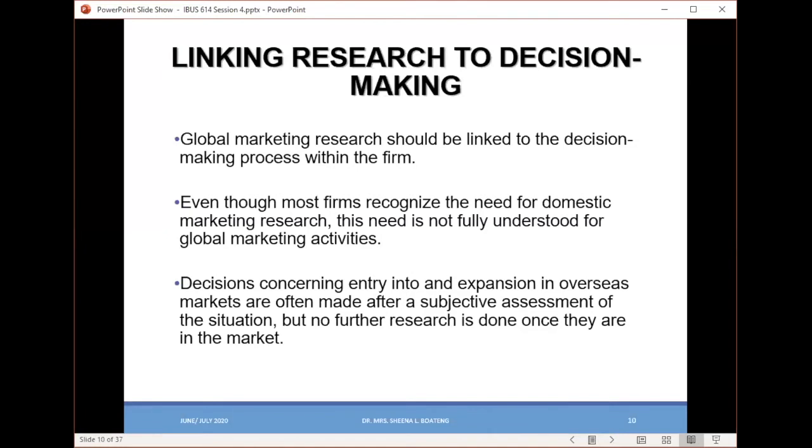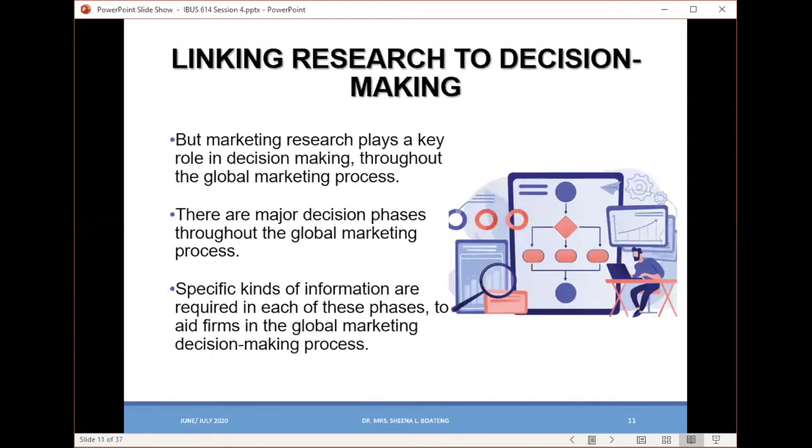So marketing research has to start the process of global marketing and continue to inform the process as the firm enters the foreign market and sets up shop to operate, right? So there are major decision phases throughout the global marketing process that marketing research can inform. Like I said, it's not just relevant when you are entering the market or when you are hoping to set up shop in a particular market.